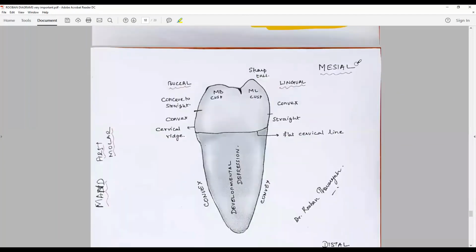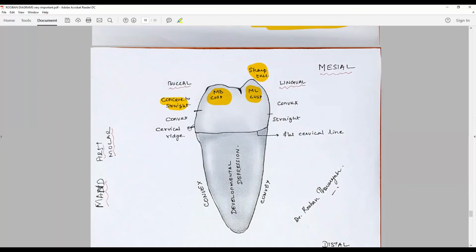To recapitulate, the mesial surface is simple, with a prominent big mesiobuccal cusp and a small mesiolingual cusp. The mesiolingual cusp is sharp and tall as compared to the broad, blunt mesiobuccal cusp. From the buccal outline, it is uniformly convex till the middle, after which it becomes concave to straight.